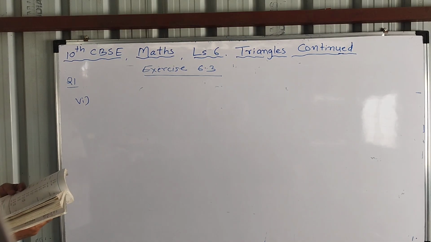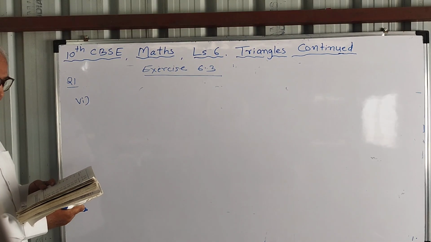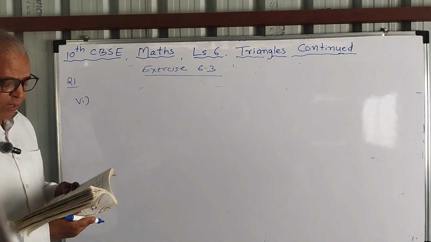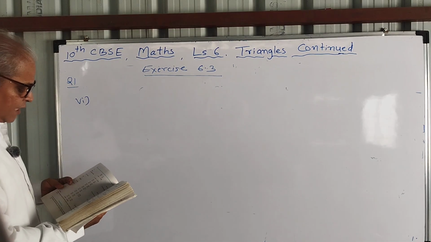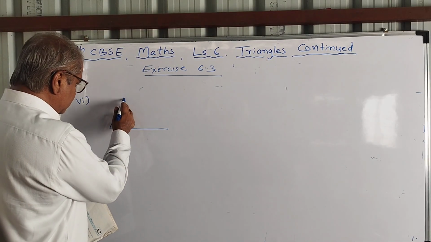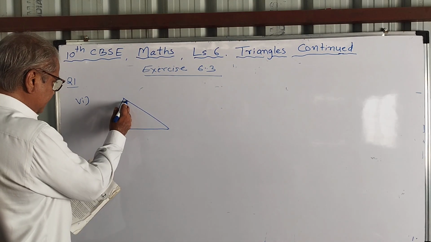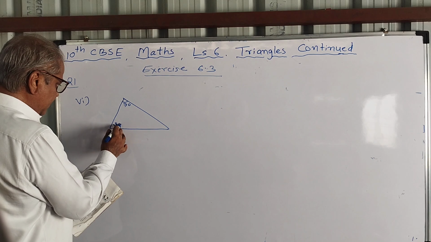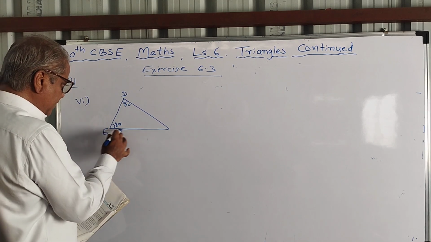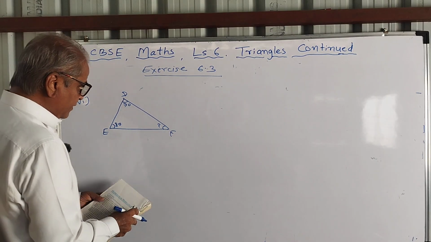If you look at the figure, triangle DEF and triangle PQR. See, angle E is equal to angle Q, but for the remaining angle, use the angle sum property here. I will draw the diagram. This is 70, this is 80. Two angles are given, that is D and E, so we can find this angle F by using the angle sum property.